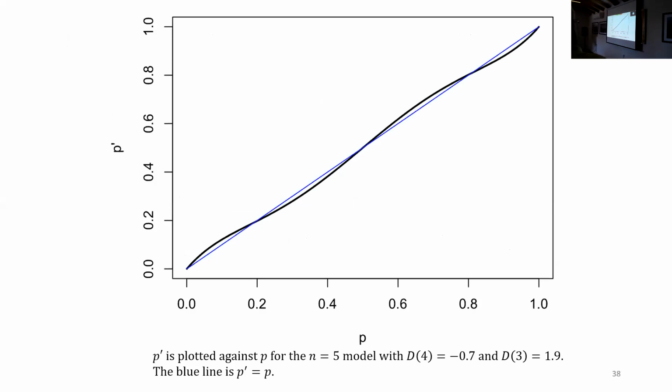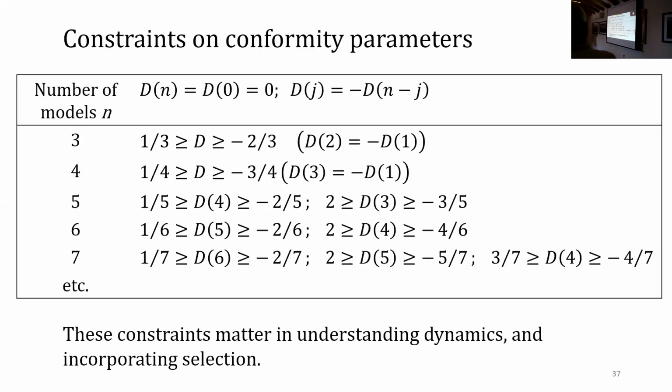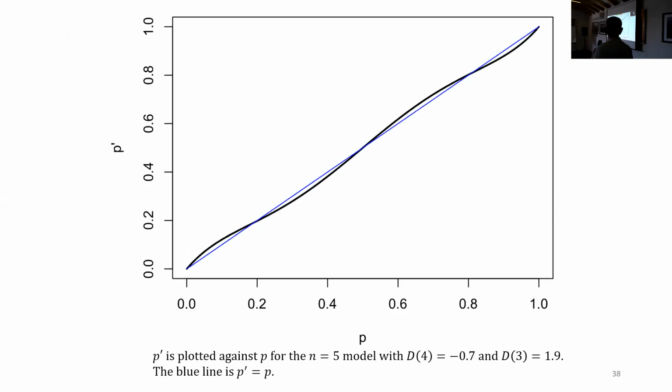Now, what I'm showing here is the dynamic when you have 5 people that you will copy to get to your state. And with 5, I just showed you, you needed 2 parameters, this D3 and this D4. So we picked 2 values of D3 and D4.